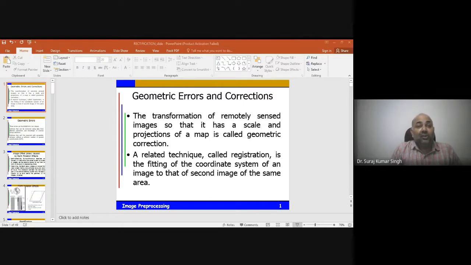For identification, projection is important. Thereafter, if you want to see the total distance from here to Delhi or nearer to Chandigarh or Himachal, unless we have a projection system, we cannot go for the scaling. And unless we have a scale, we cannot go for the area analysis.